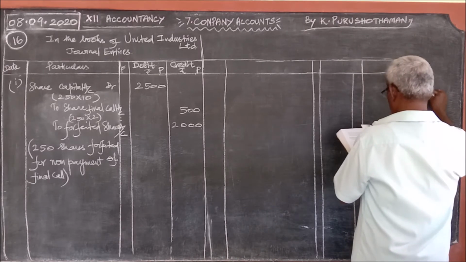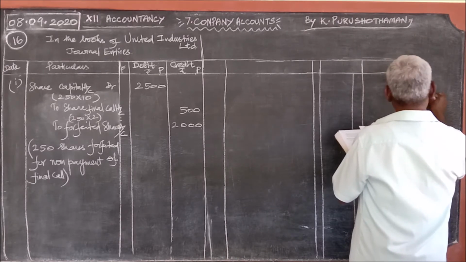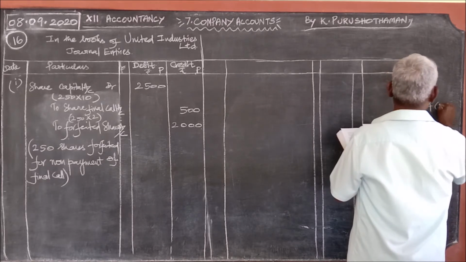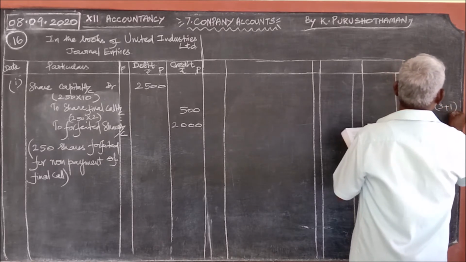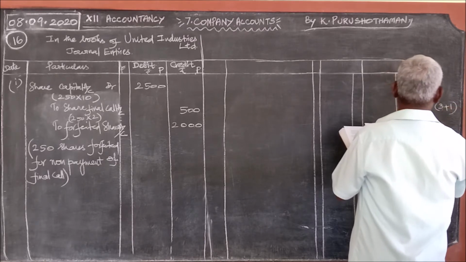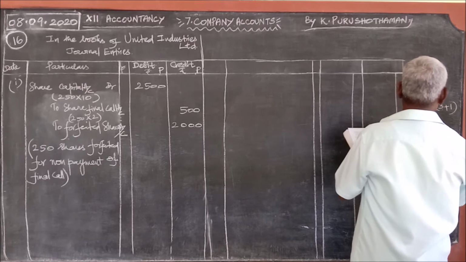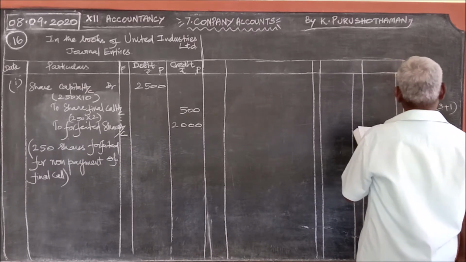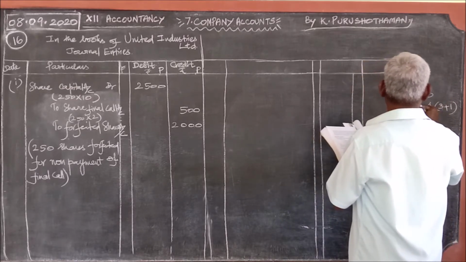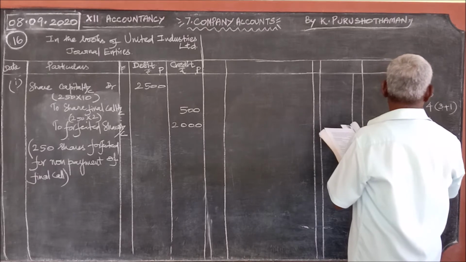Application stage rupees 3, allotment stage rupees 4, that is 3 rupees allotment and 1 rupee premium. 2 rupees first call, 2 rupees final call, totally it is 11 rupees. Now, what are the 3 stages? The amount not paid, these are the 3 stages.